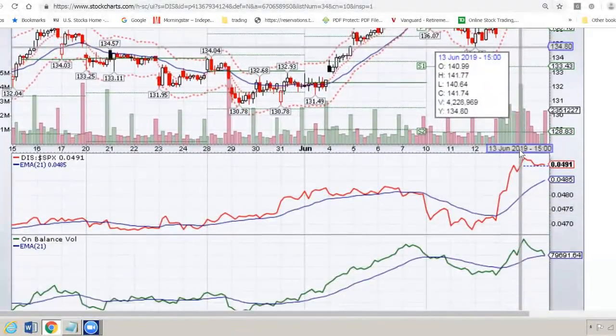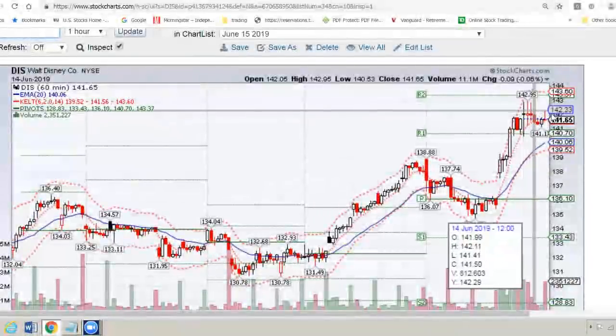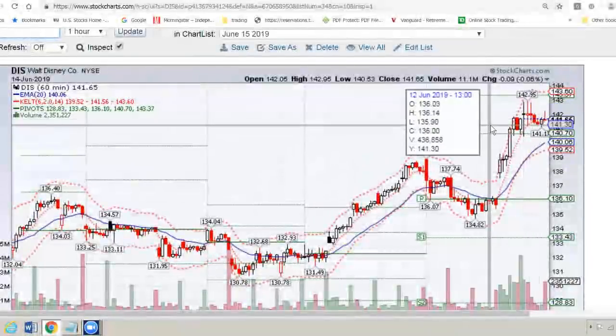The intraday indicators are also positive. We've had a lot of dojis form in here, so that could mean we'll get a pullback next week. Longer term, I think this one's moving quite a bit higher.